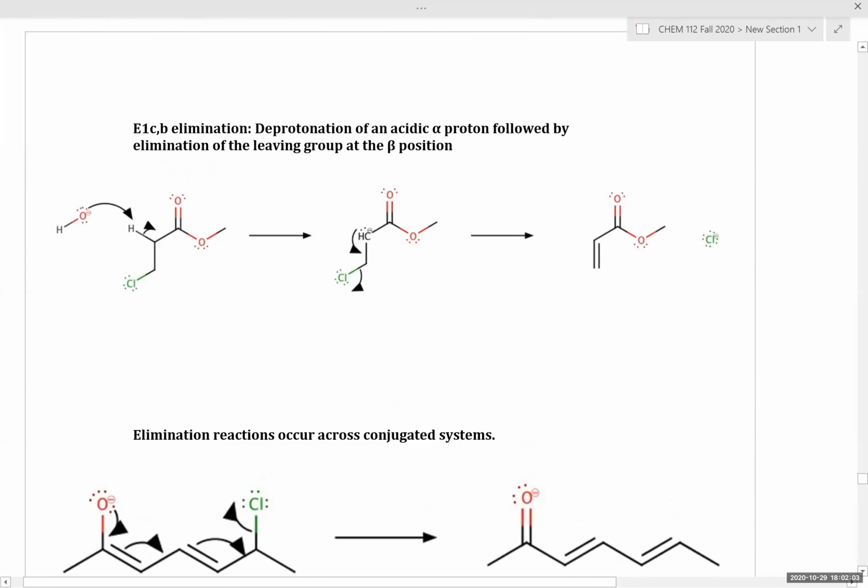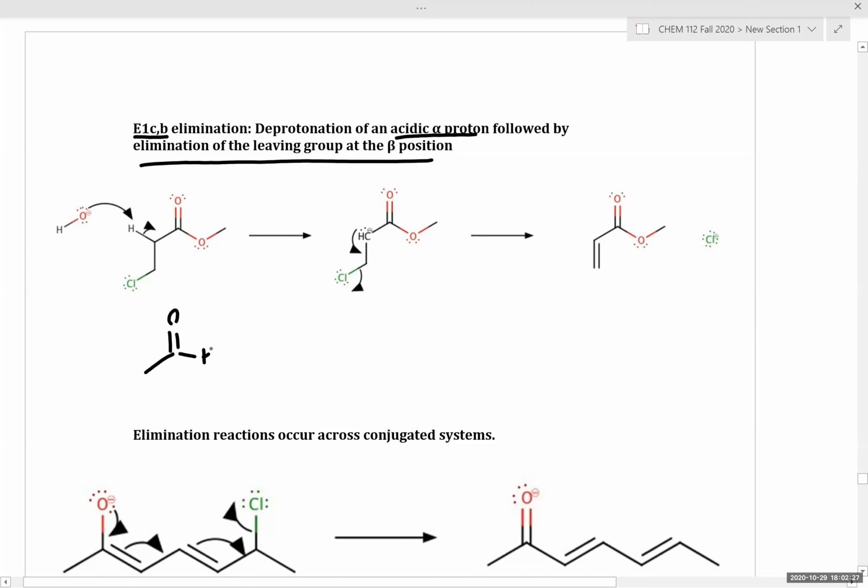Now, the last major type of elimination that we'll see is known as E1CB, which involves deprotonation of an acidic proton followed by elimination of our leaving group. So the E1CB is facilitated under basic conditions, where first we deprotonate and then we eliminate.